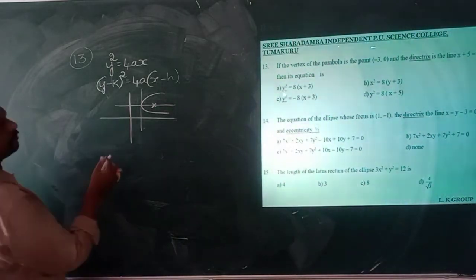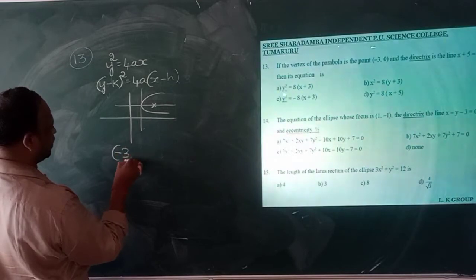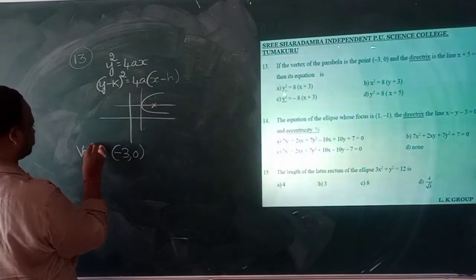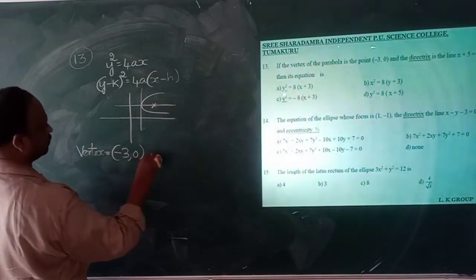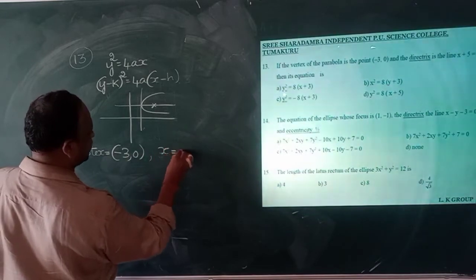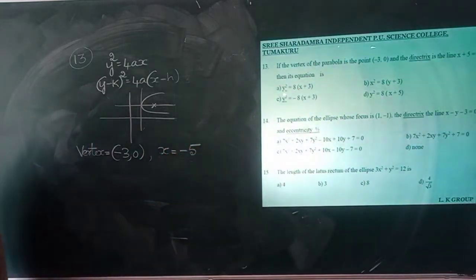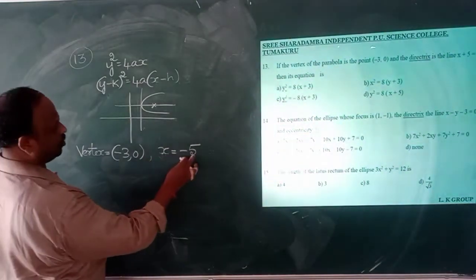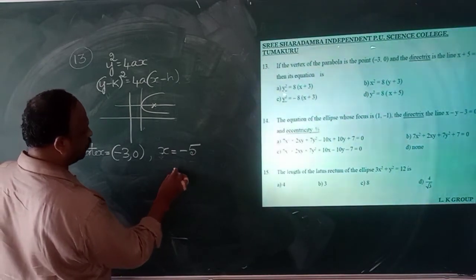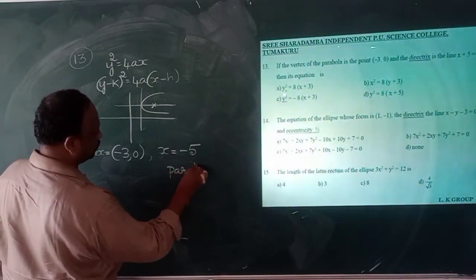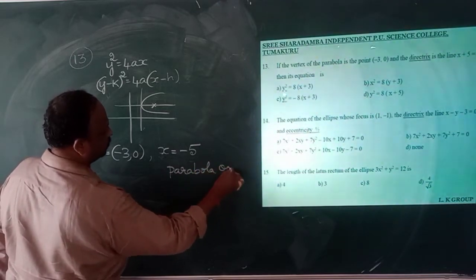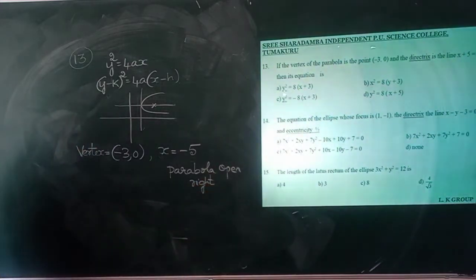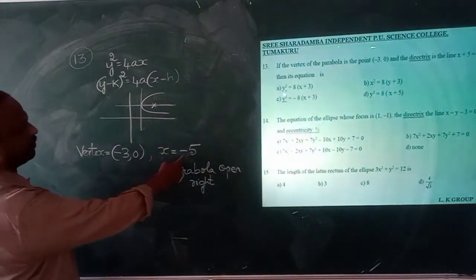You can observe here, the vertex is given as (minus 3, 0), and the directrix is given as x is equal to minus 5. Whenever the directrix is x is equal to minus a, the parabola opens right.